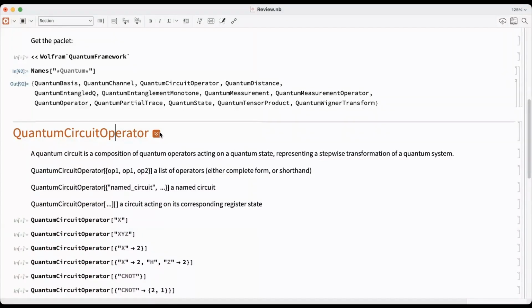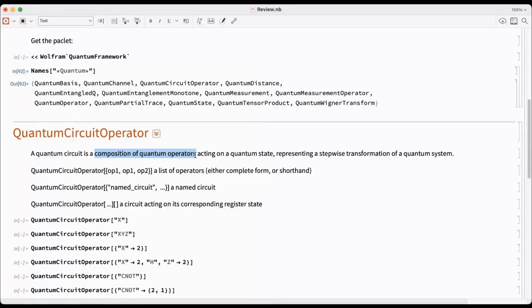What is a quantum circuit? This is the way that we recommend to see a circuit operator. It's basically a composition of a bunch of quantum operators. When we talk about quantum operators, see them as some transformation happening to quantum states. And quantum state is basically the mathematical tool describing a quantum system.